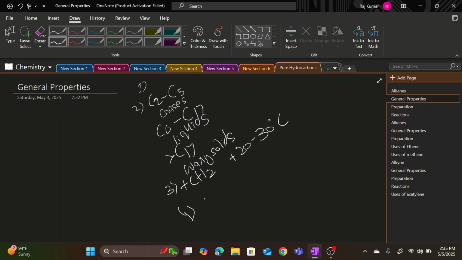And straight chain hydrocarbons have a higher melting point than branched chain hydrocarbons. Straight chain hydrocarbons, also known as normal alkanes, have a greater melting and boiling point than isoalkanes.